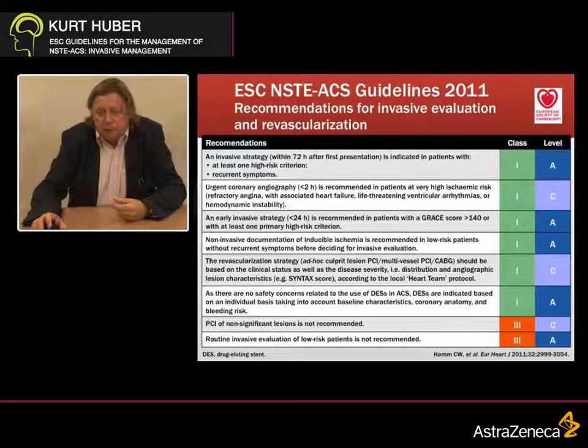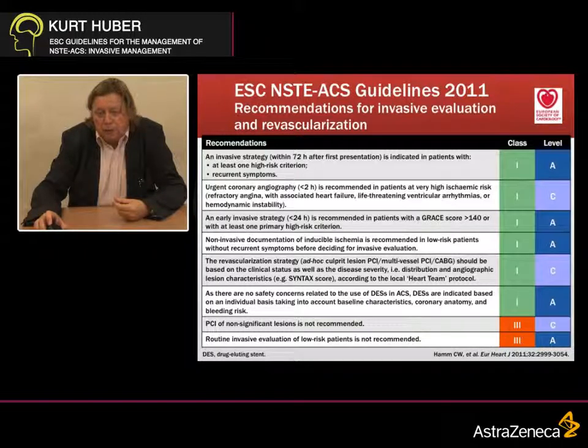The revascularization strategy, whether it's an ad hoc culprit lesion PCI, a multivessel PCI, or a coronary artery bypass surgery, should be based on the clinical status as well as the disease severity, for example distribution and angiographic lesion characteristics, according to the local heart team protocol, a 1C recommendation.